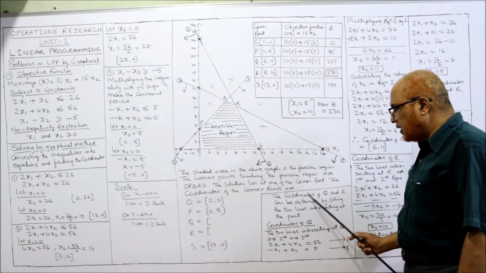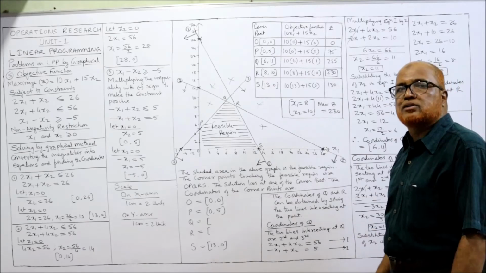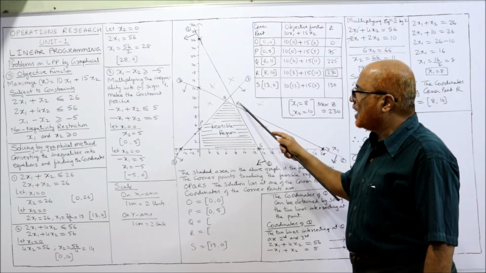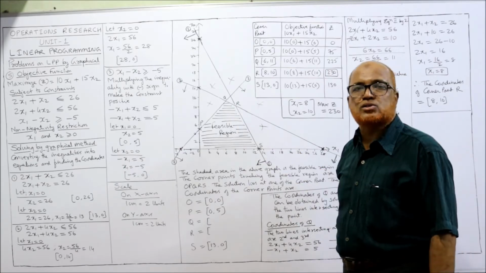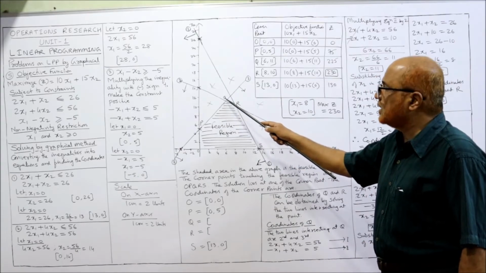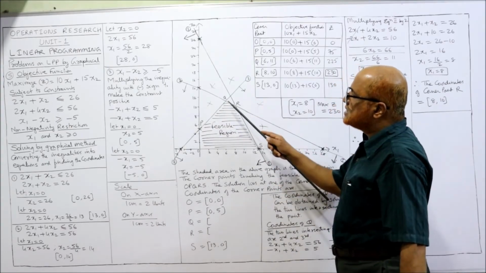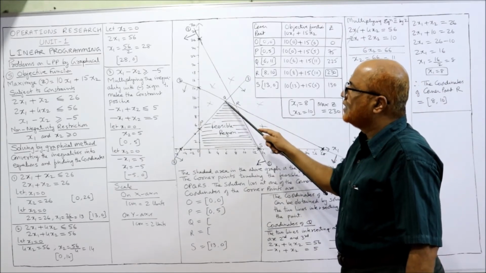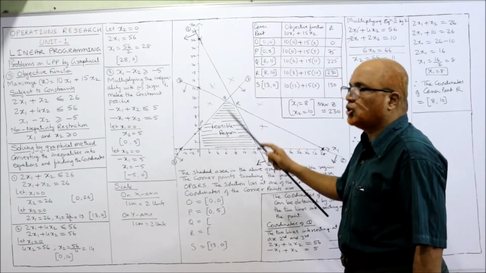Now here, the coordinates of Q and R can be obtained by solving the 2 lines intersecting at the point. At Q, 2 lines are intersecting. At R, again 2 lines are intersecting. So solve those 2 lines and get the coordinates of Q and R. First of all, I am finding out the coordinates of Q. Now identify which are the 2 lines intersecting at Q. See here, at Q, one line is the third, the other line is the second.